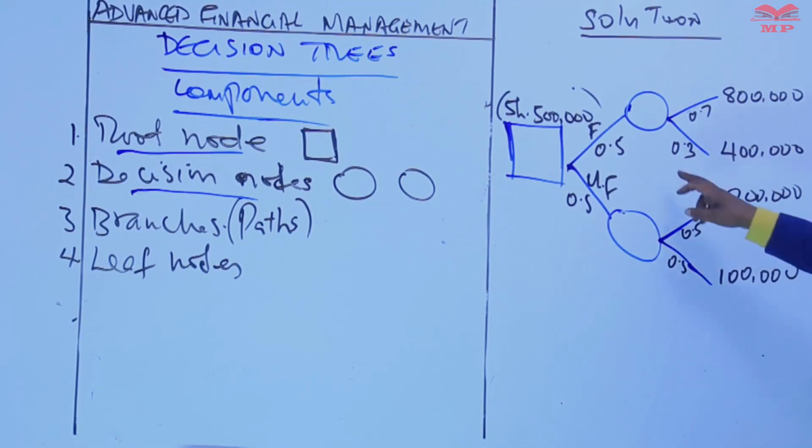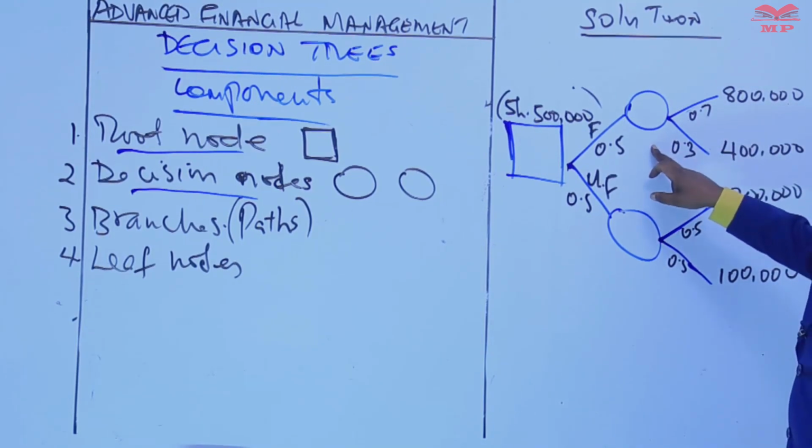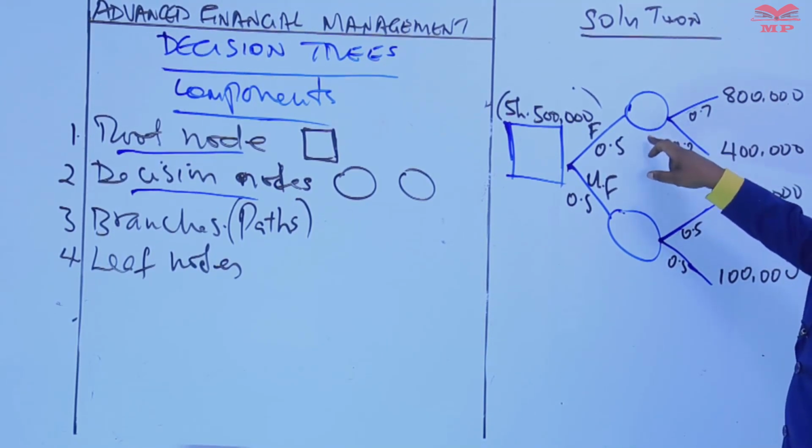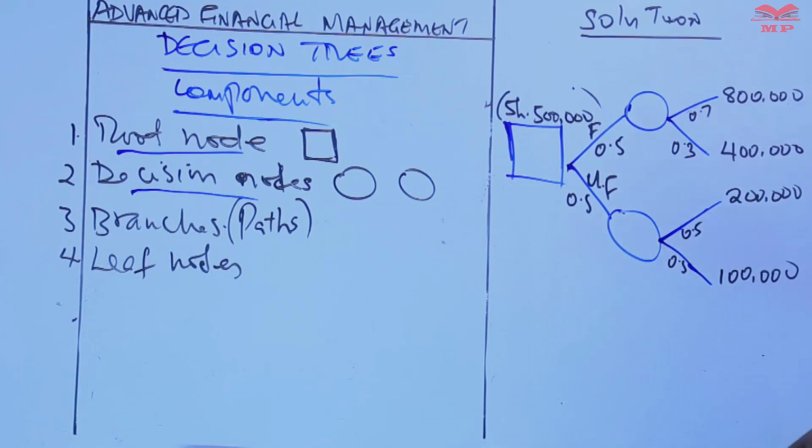So we have to calculate how much the company will generate if the market is favorable. Okay? So what is the expected amount if the market is favorable?